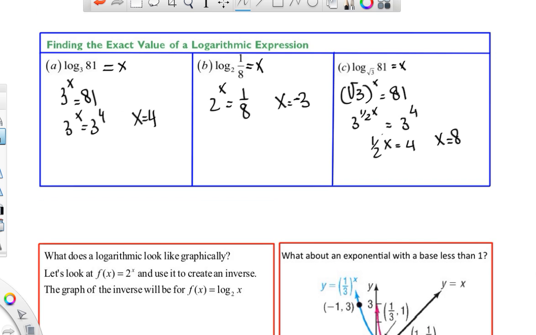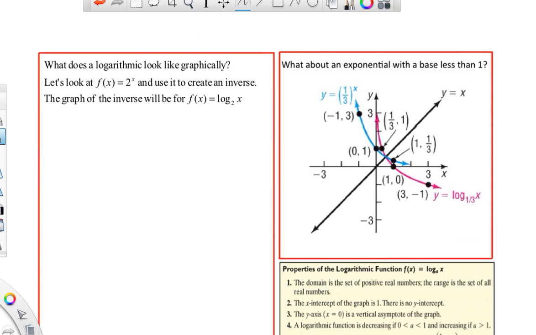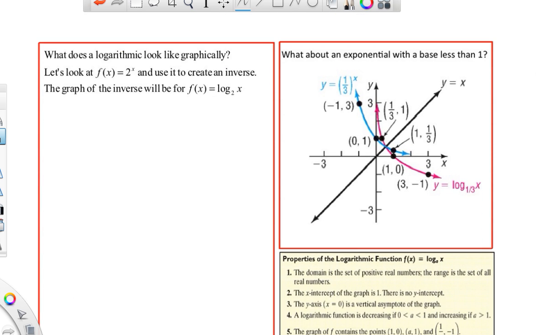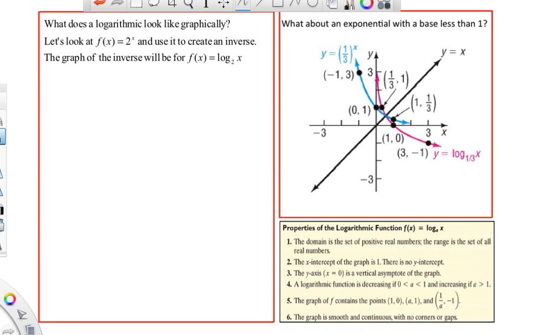Okay. What does a logarithmic function look like graphically? Well, let's look at 2 to the x, and we'll use that to create an inverse. And then that inverse will be the log base 2 of x. So here's 2 to the power of x. At a negative 1, that would be a half. At 0, it would be 1.